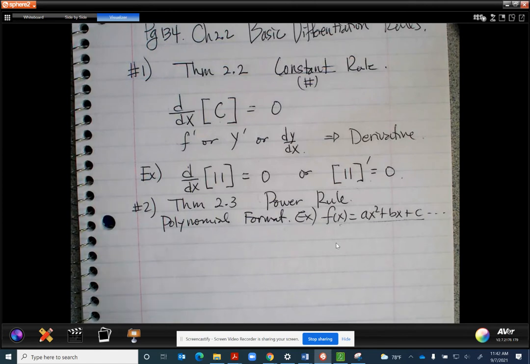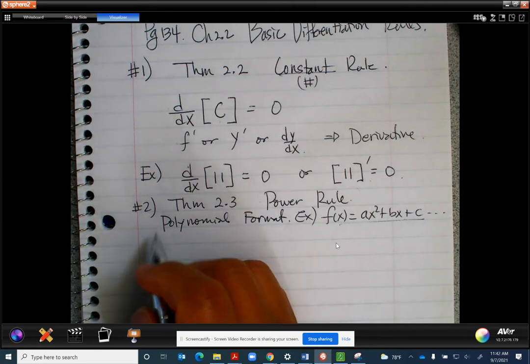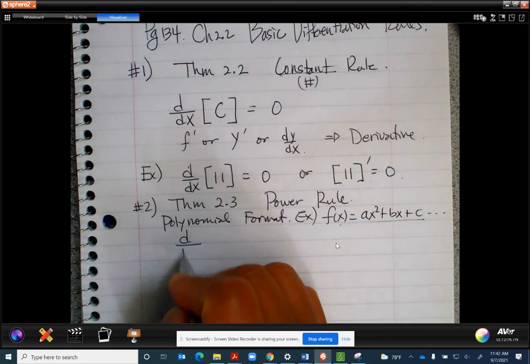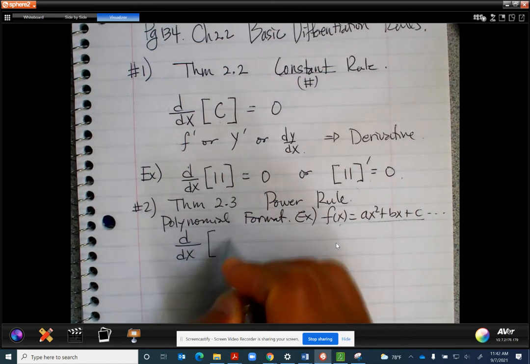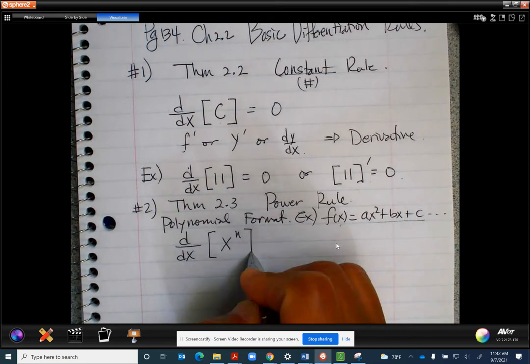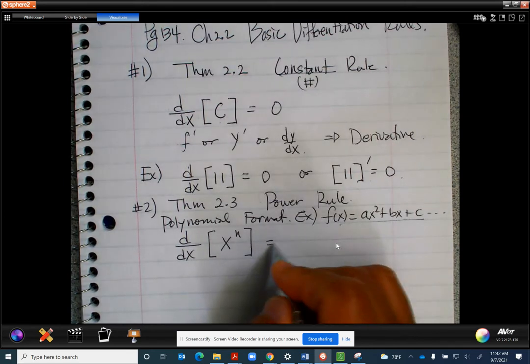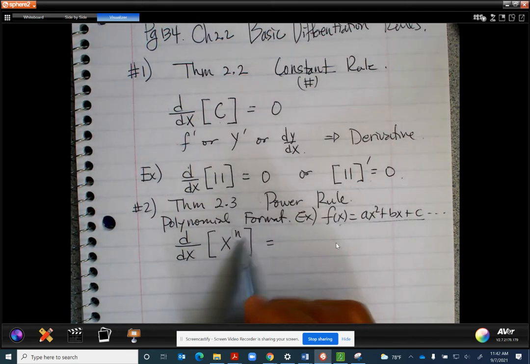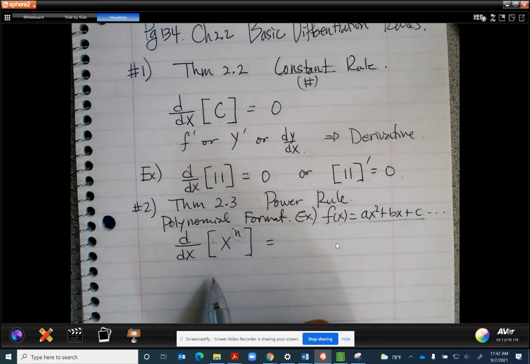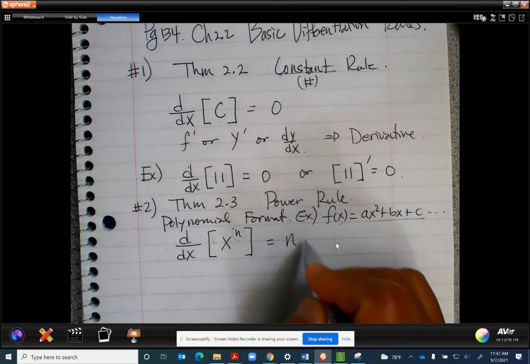All right, what's the power rule? Power rule says derivative of x to the nth power. You see that? X to any nth power. The rule says you bring down the exponent to the front, which is n.